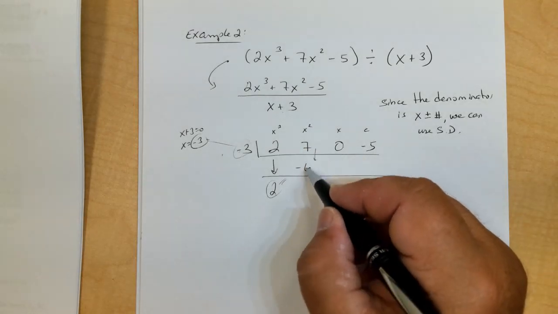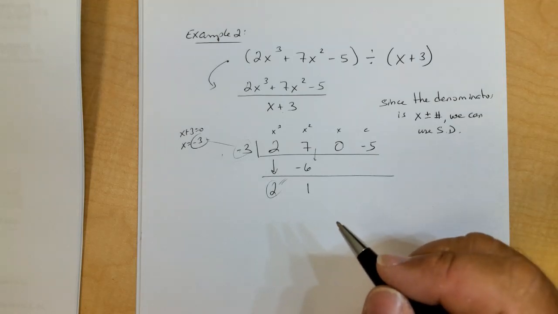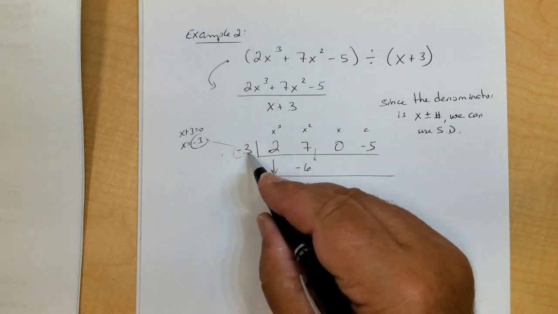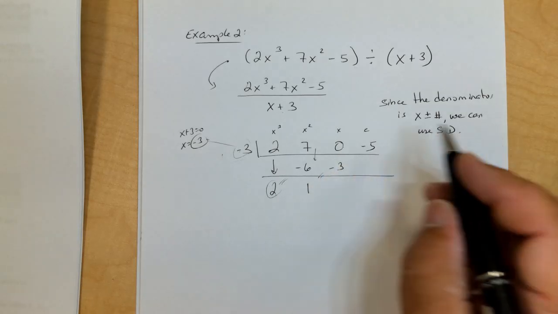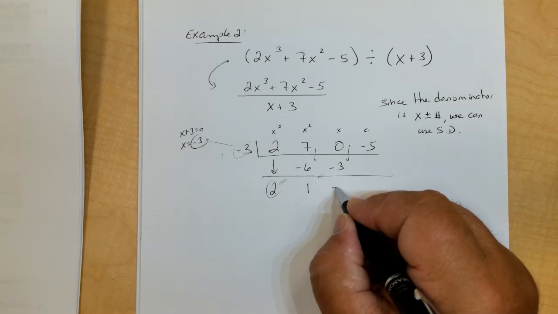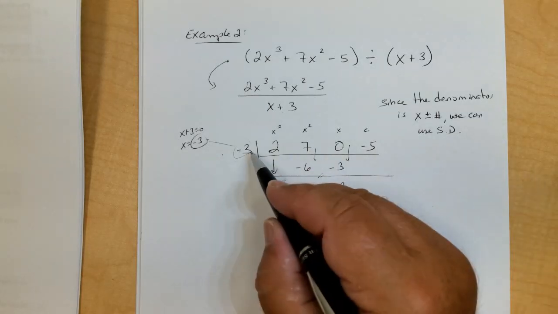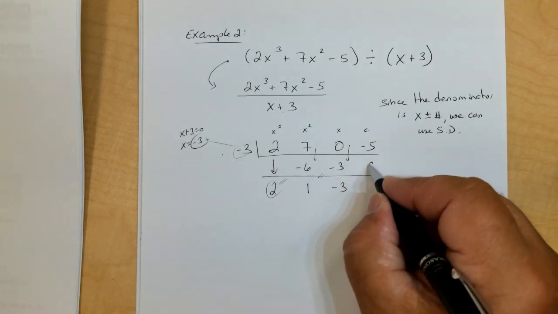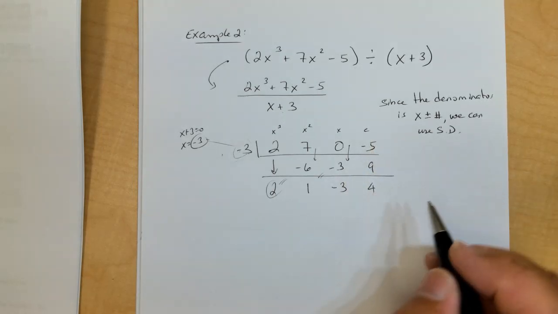Add, straight down. 7 minus 3 is 4. -3 times 4 equals -12. Plus 0 is -12. Times -3 is +36. 36 minus 5 is 31.